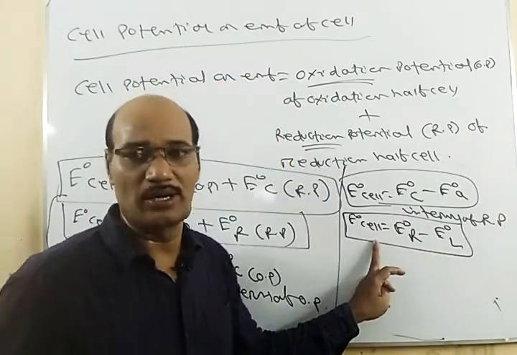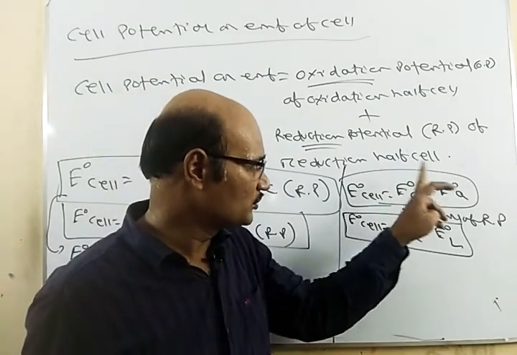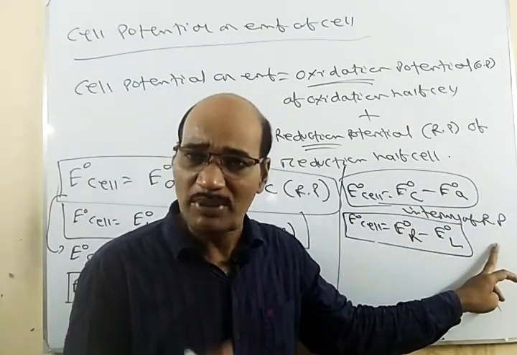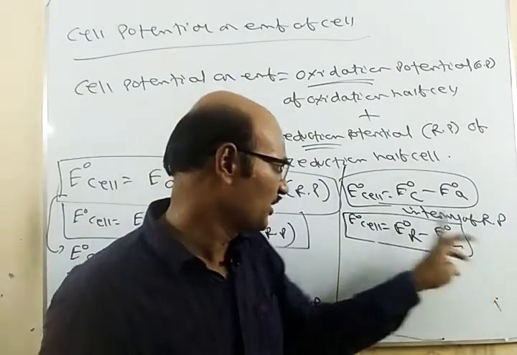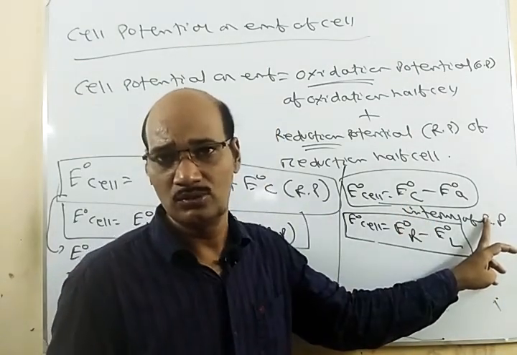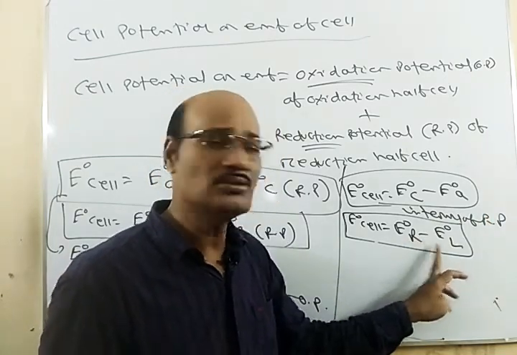What is the standard E naught cell? In terms of reduction potential, we can always calculate it as E naught cathode minus E naught anode, or you can say right minus left.